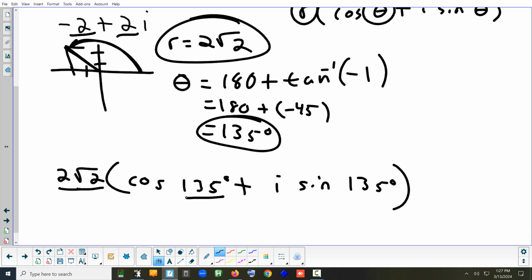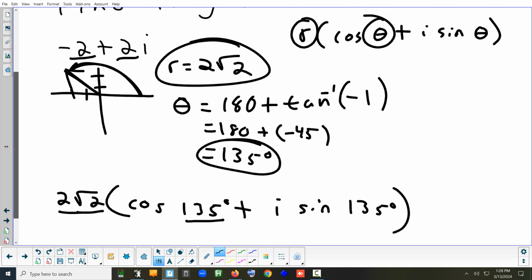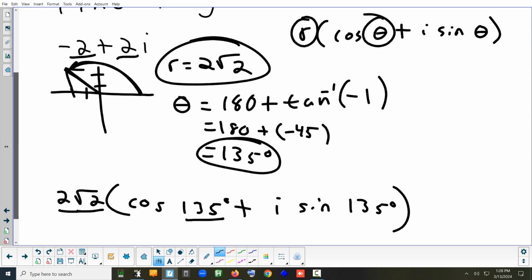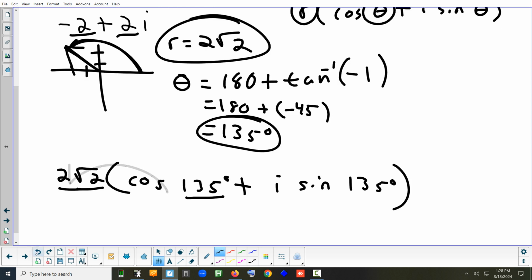Now, what do you think would happen? Don't do this, but if I took this 2 root 2 and distributed it out to cosine 135 and sine 135, what do you think I would get if I did that?